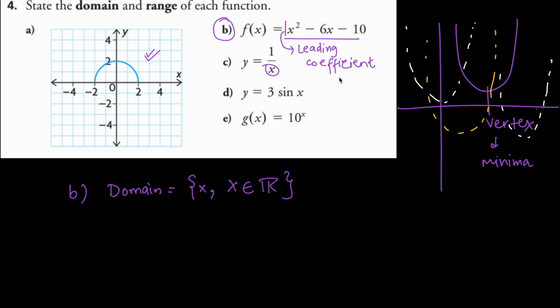For that, what will I do? I just recognize that if it is an upwards opening parabola, the minimum point is going to be the vertex. Let's try to find the vertex. The given function is f(x) = x squared minus 6x minus 10. The formula for the vertex of a parabola is x = negative b divided by 2a.